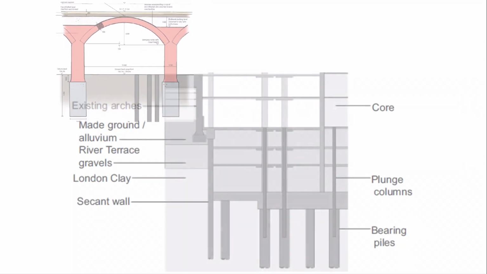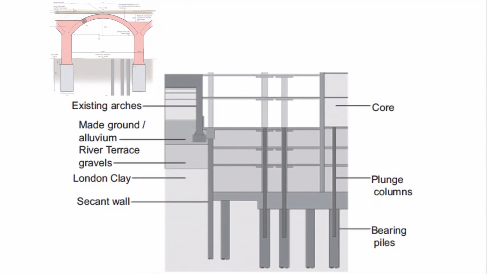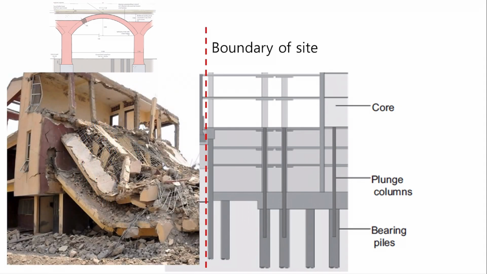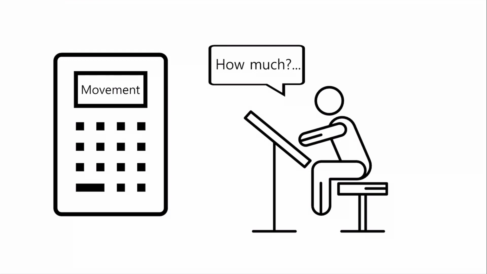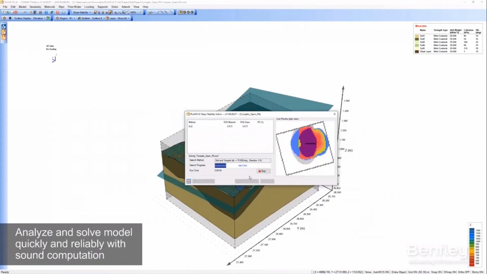Because the arch structure and the construction of the Shard were too close. An arch structure was built a long time ago, so it could collapse due to construction. So the engineers had to calculate the effect of construction. The constructors did 3D finite element analysis.